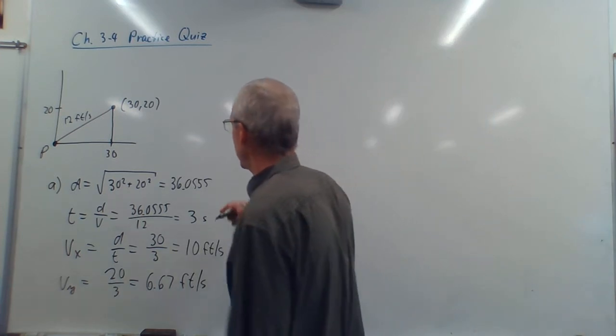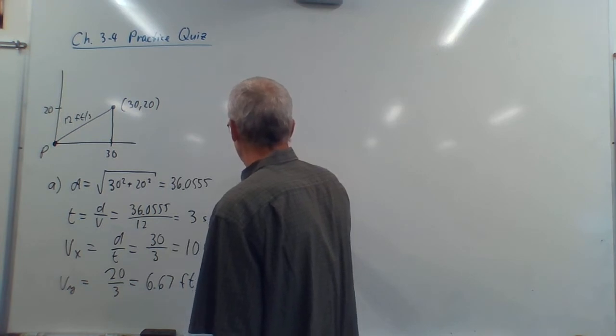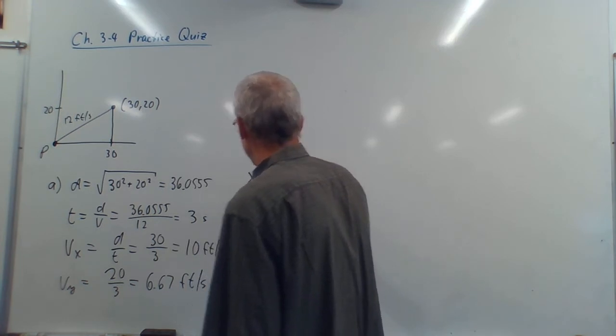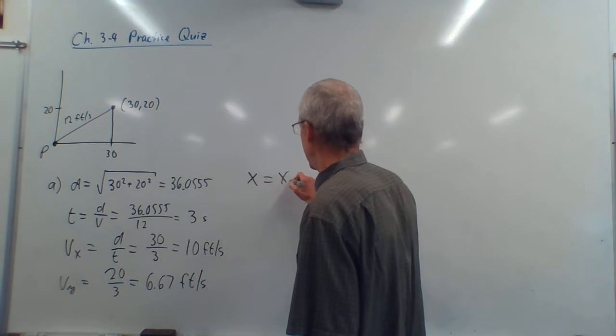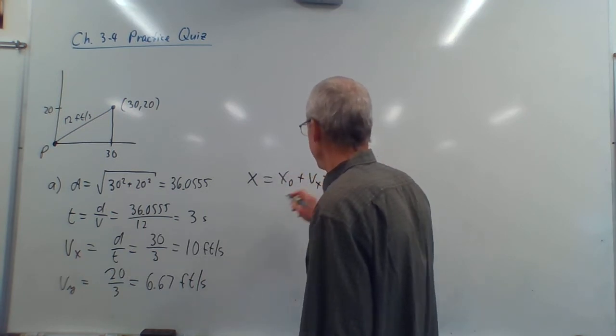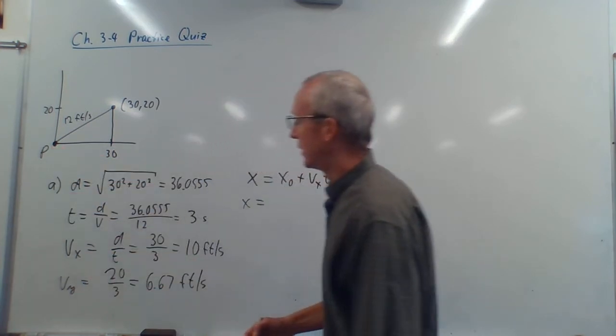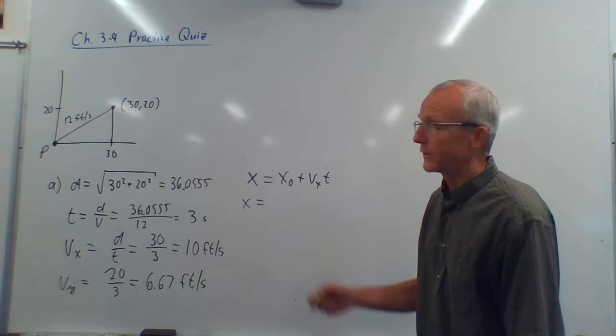Okay, so now we can write his parametric equations. Parametric equations means you want his x position as a function of time, which is always the x starting point plus his x velocity times time. The starting point was 0, 0, in the y direction too.